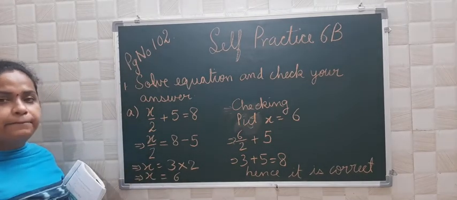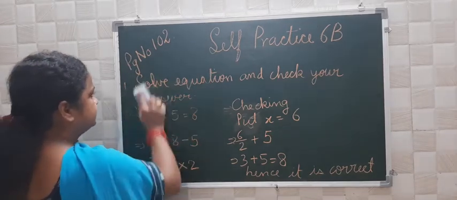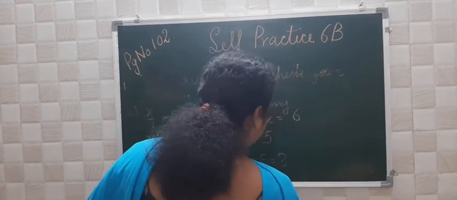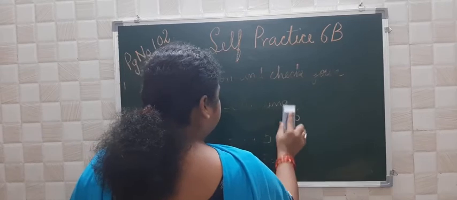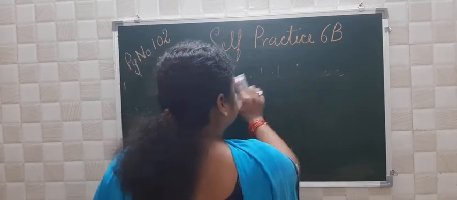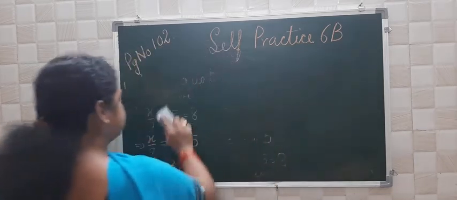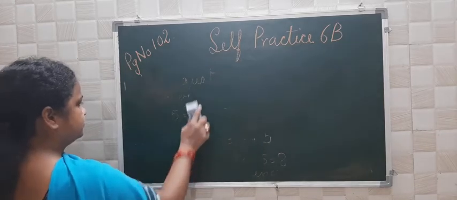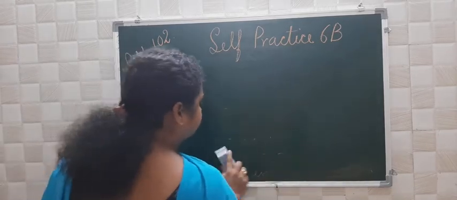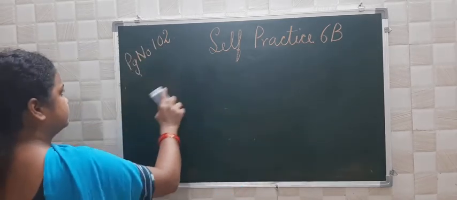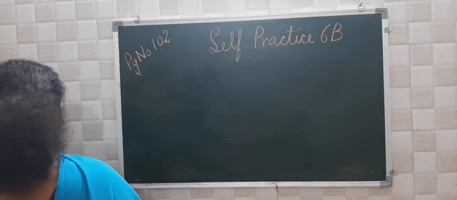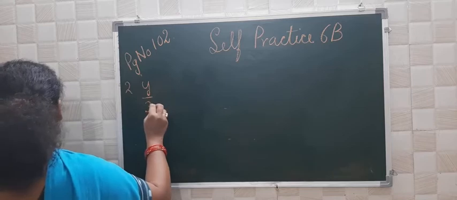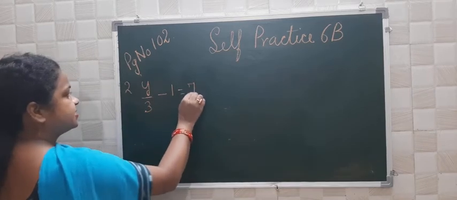Now let's see the B part. Second, y by 3 minus 1 equal to 7.